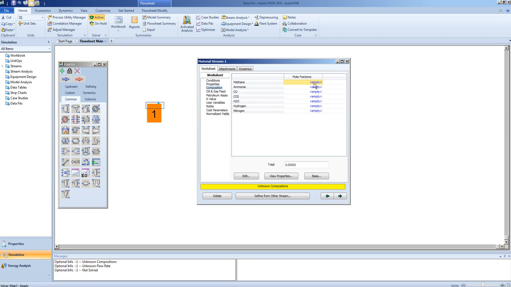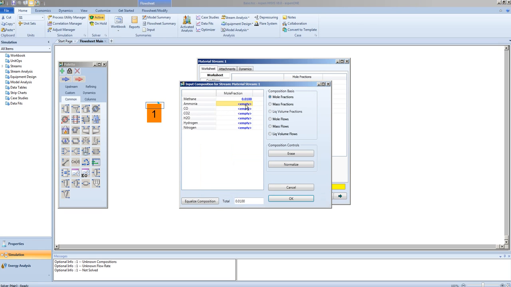Our composition will have very little methane, a very small amount of ammonia, and even smaller amounts of those components.